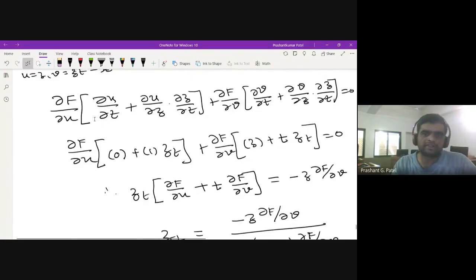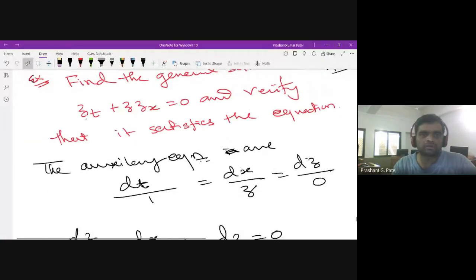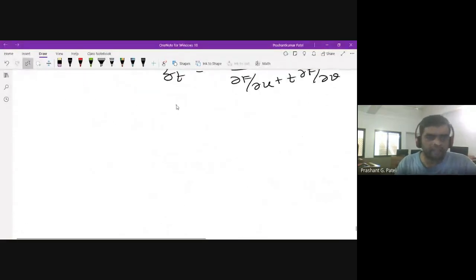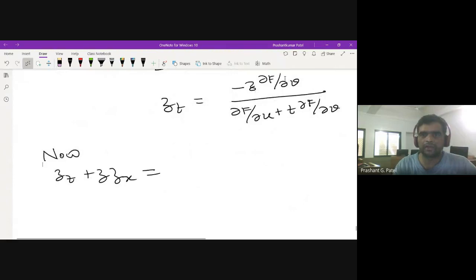Now we need to satisfy our equation. That is zx we have, zt we have. What is our equation? The equation was zt plus z into zx is equal to 0. This we need to verify. So we have zt plus z into zx. I need to prove this is 0. So what is zt? Zt is this that we have obtained here, minus z into fv upon fu plus t into fv, plus z.